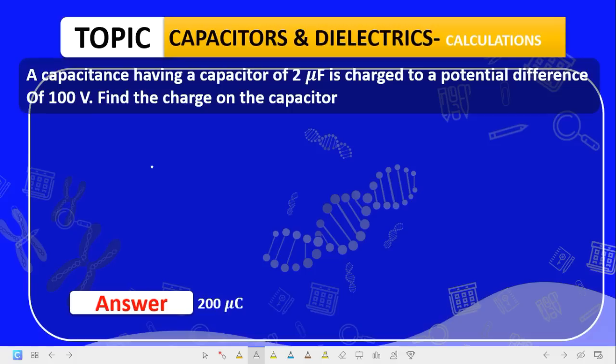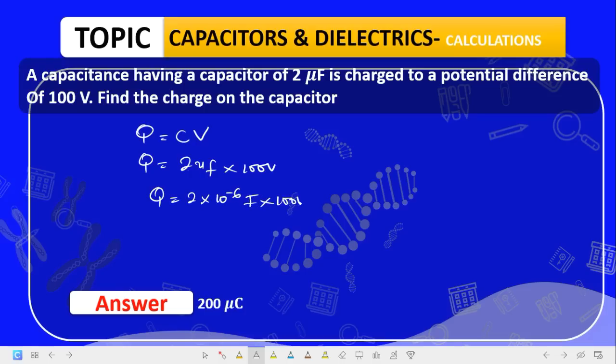Now the next one says, a capacitor of 2 microfarad is charged to a potential difference of 100 volt. Find the charge. We said the relationship between the charge, the capacitance, and the voltage is Q equals CV. C is 2 microfarad, which is 2 times 10 to the power of minus 6 farad, times 100 volt.